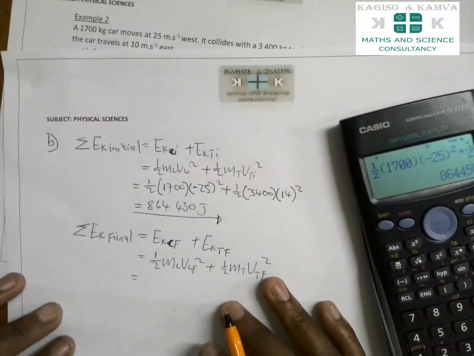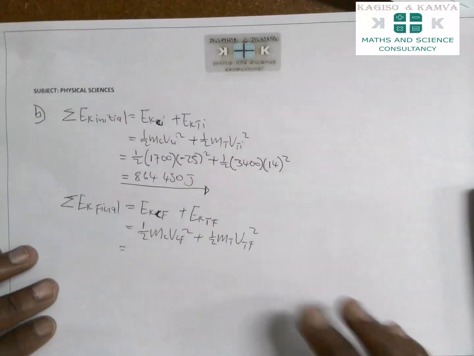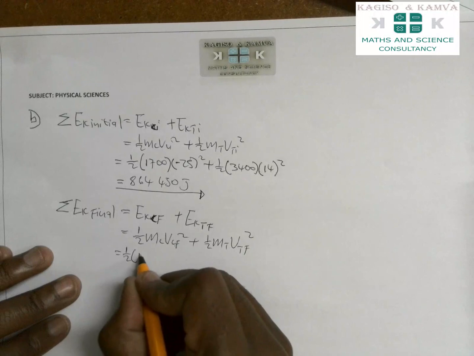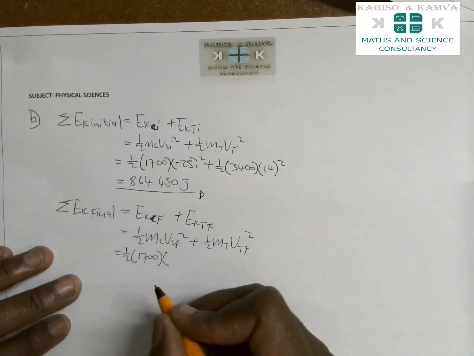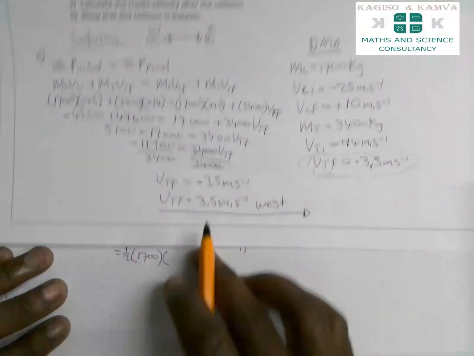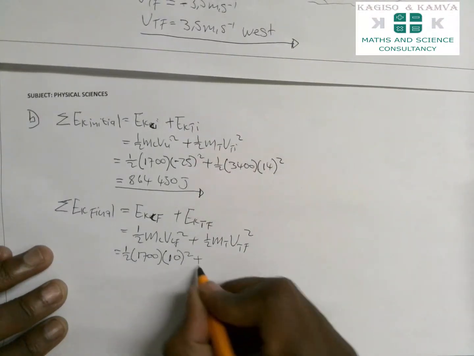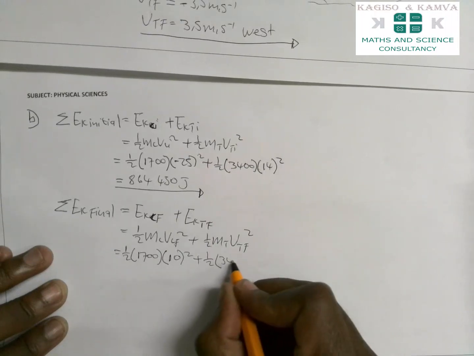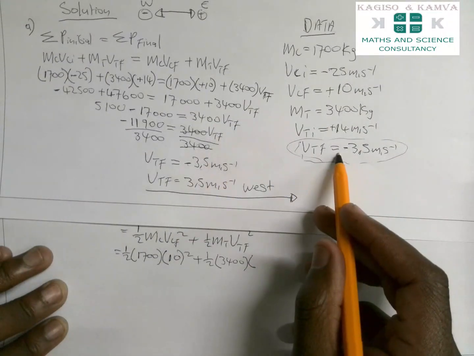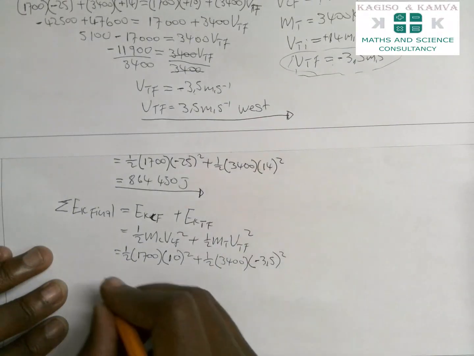That is going to be 1 over 2 times 1,700 times the car's final velocity squared, plus half times 3,400 times negative 3.5 squared.